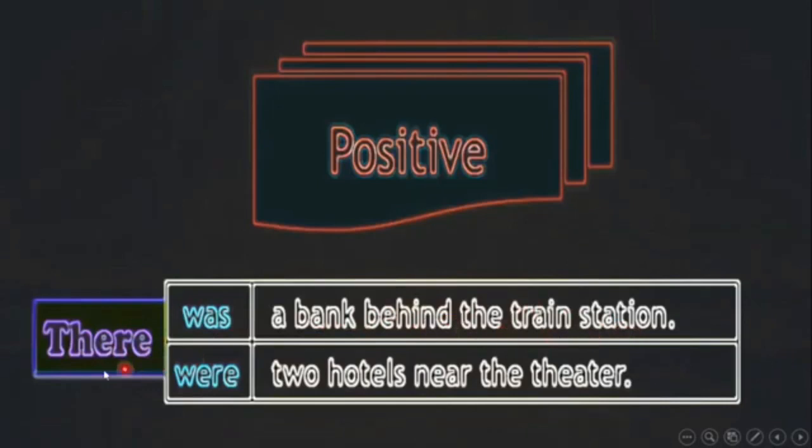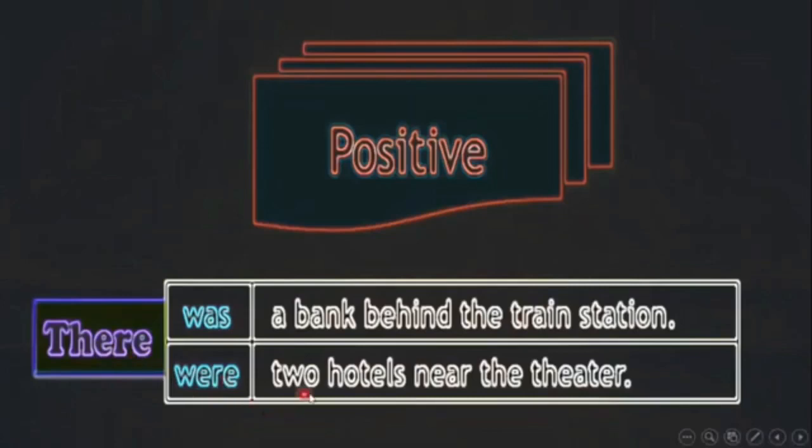Here also, my students, take care that after was, we use a singular noun. There was a bank behind the train station. Look at there were. There were also means كان يوجد, okay? But after there were, we must use a plural noun.